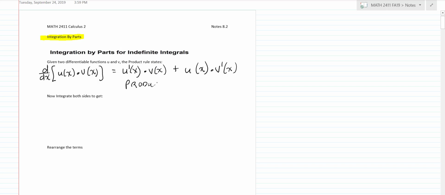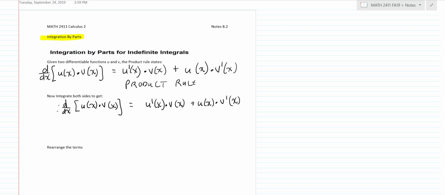All right, now we're going to develop the formula for integration by parts. We're going to integrate both sides of this equation. So I'm going to write this as d dx of u of x times v of x, and I'm going to write down the product rule again: u prime of x times v of x plus u of x times v prime of x.